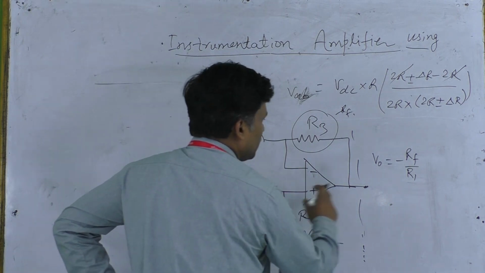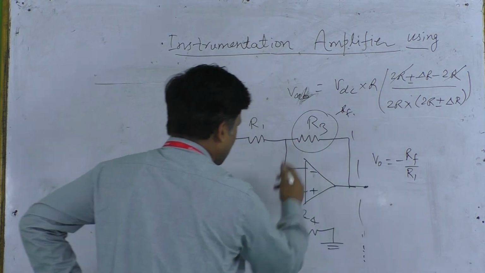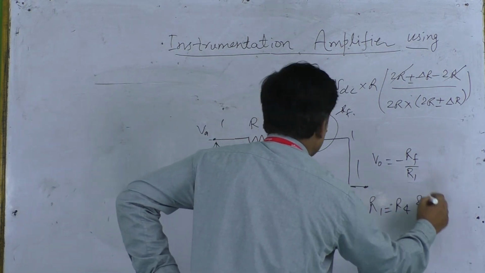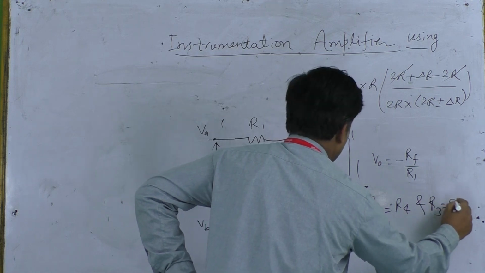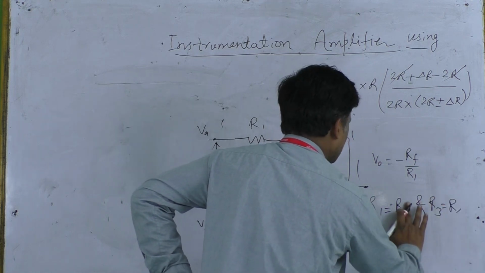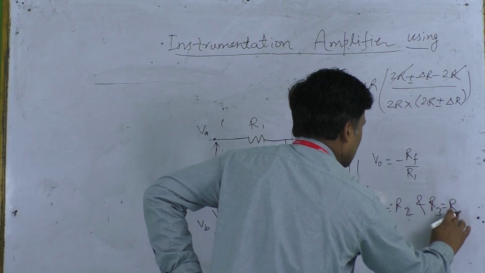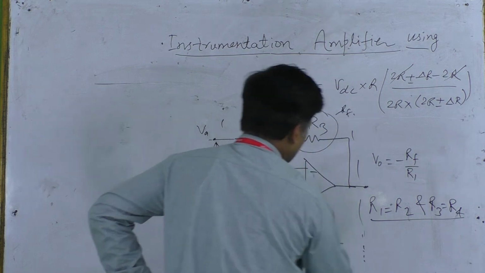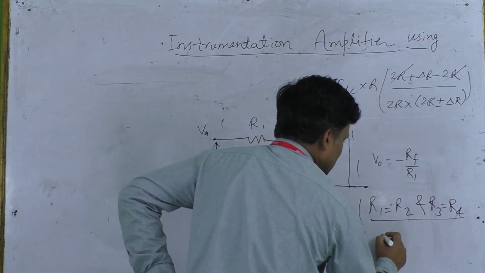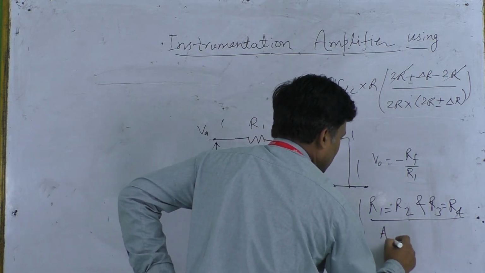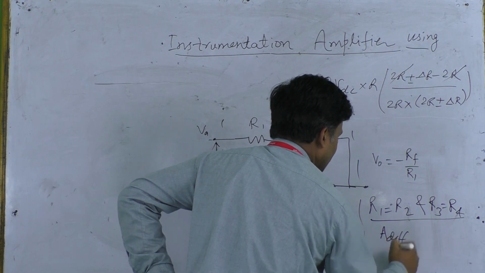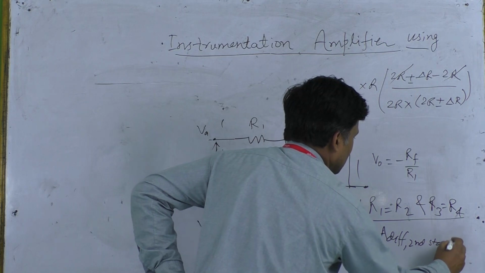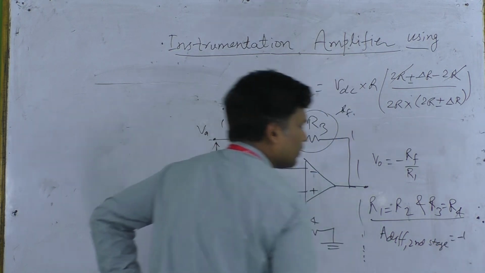Whenever we use this formula, we take the value of R1 equal to R4 and R2 equal to R3, in such a situation the gain of this second stage, or differential amplifier, is equal to minus 1.